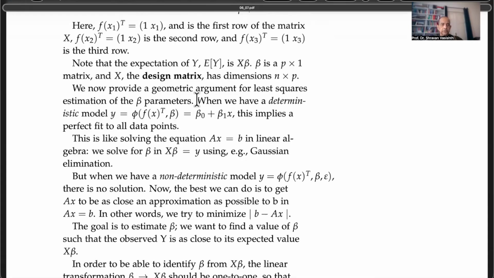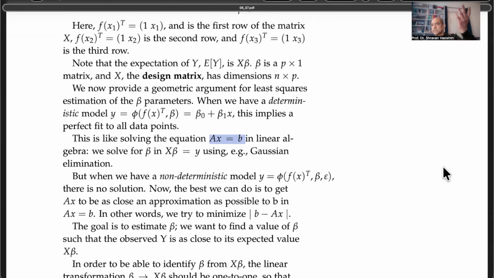Remember that in a standard linear algebra setting, if we have a deterministic model, so y is a function of beta 0 plus beta 1 x with no error term involved, that implies a perfect fit to all the data points. This is like solving the Ax equals b type of equation that you must have done at some point in your lives.